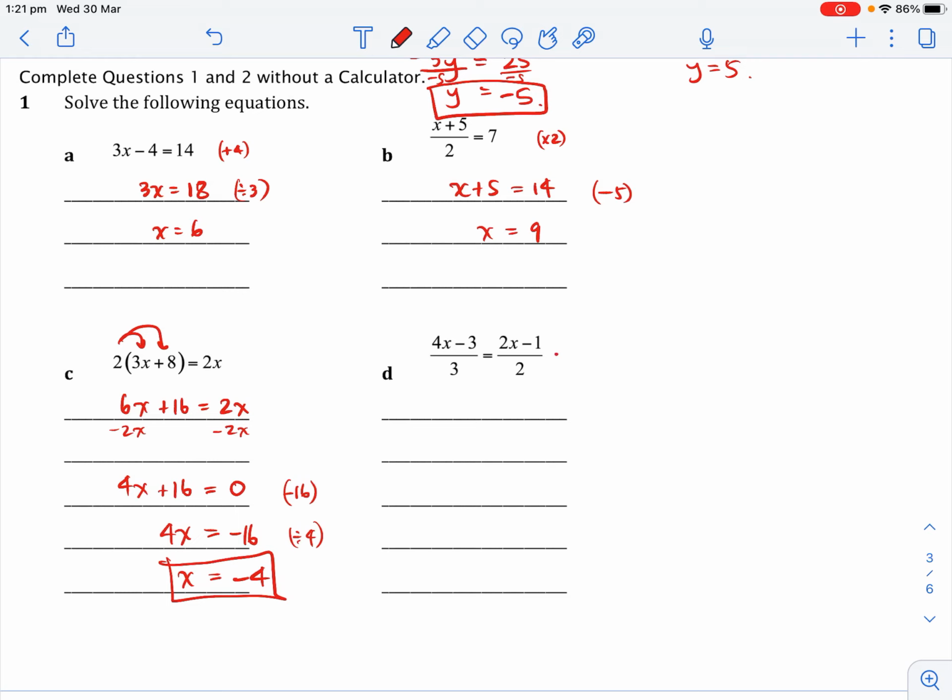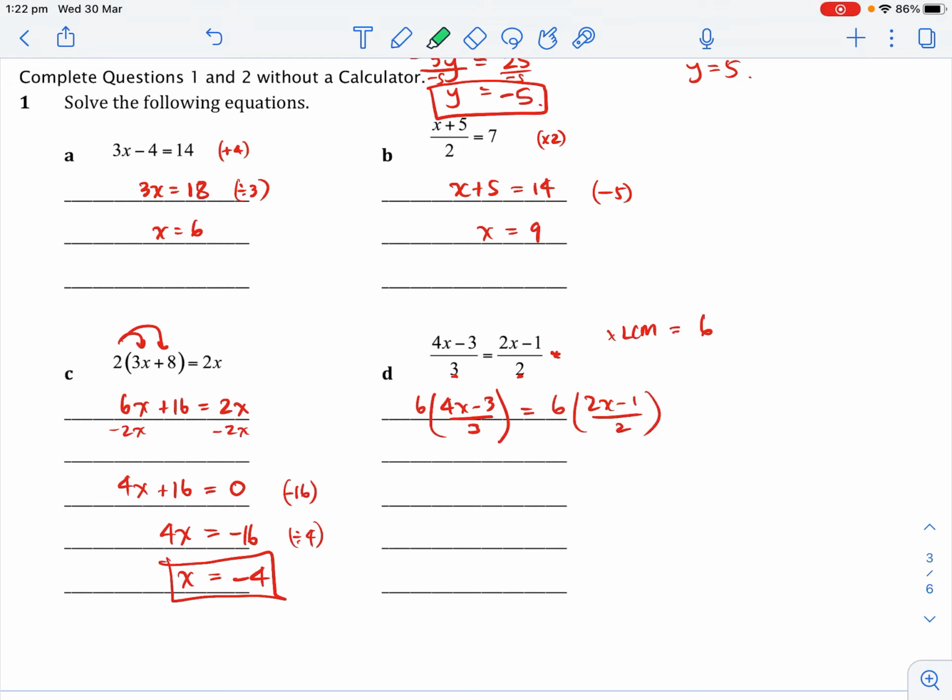Okay, multiply. We've got fractions, so we want to multiply by the lowest common multiple. And the lowest common multiple of 3 and 2 is 6. So it's going to be 6 times 4x minus 3 over 3 equal to 6 times 2x minus 1 over 2.